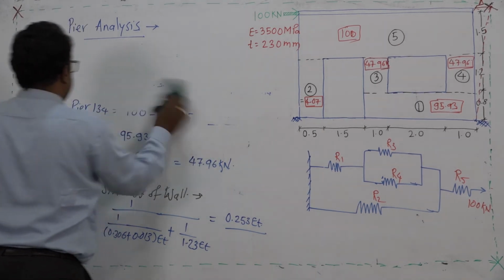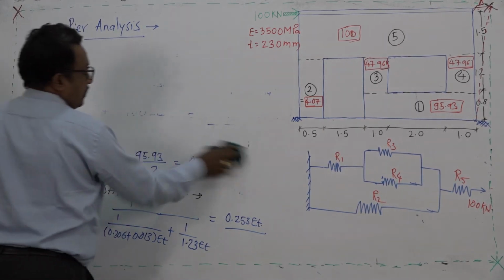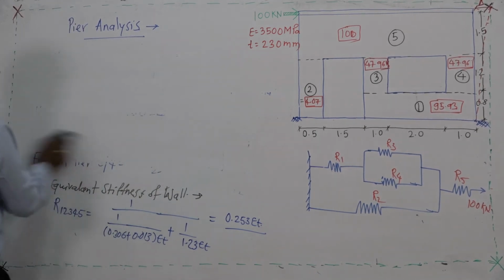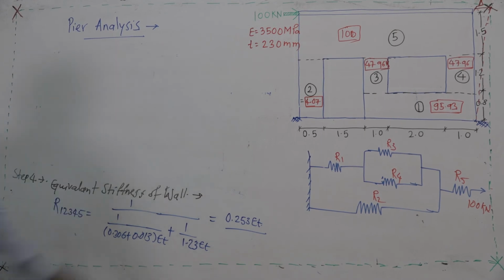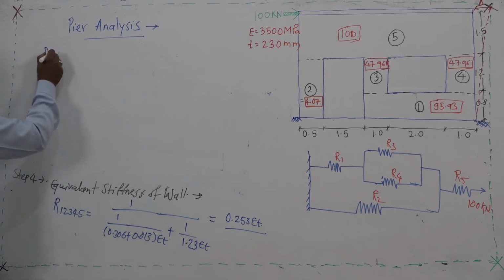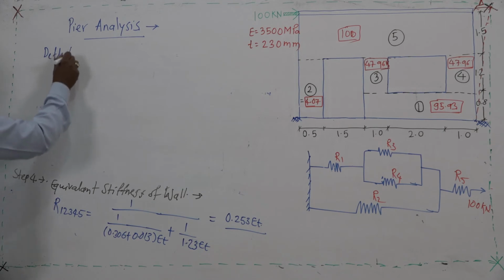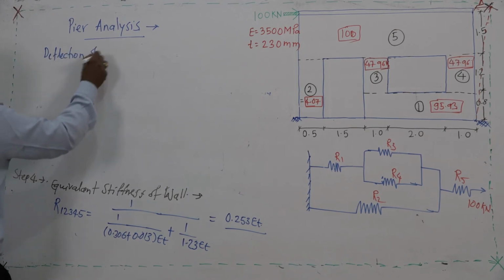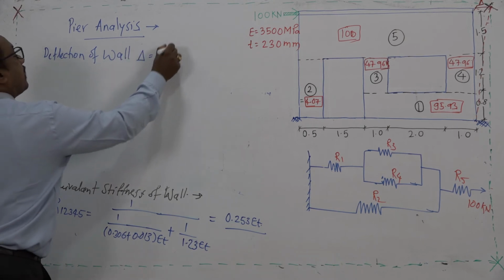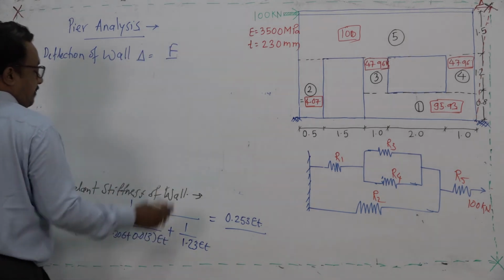From this equivalent stiffness of wall, we can find out the displacement or the deflection of the wall. So, the deflection of the wall I am going to call delta, then delta will be F divided by R.